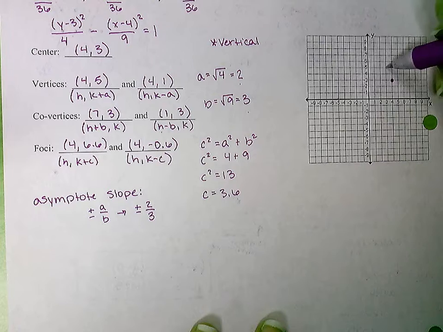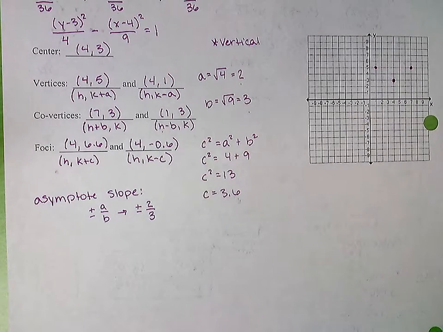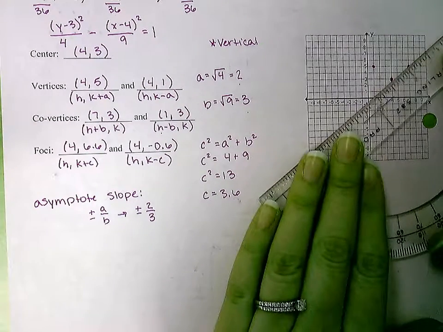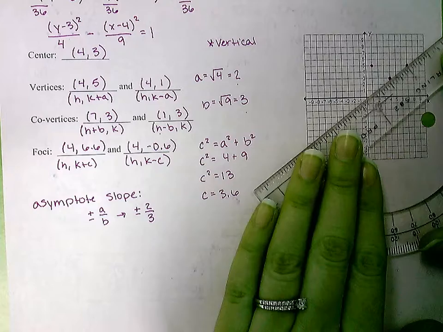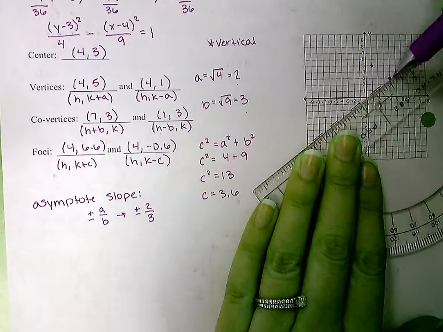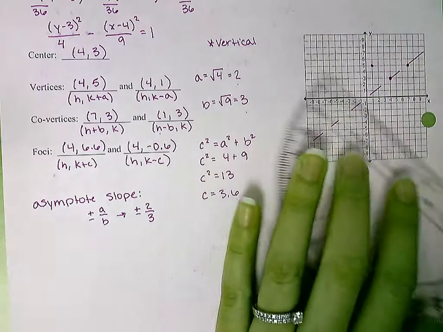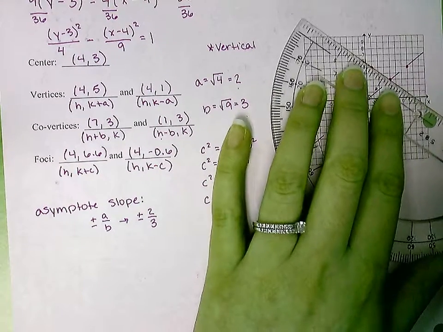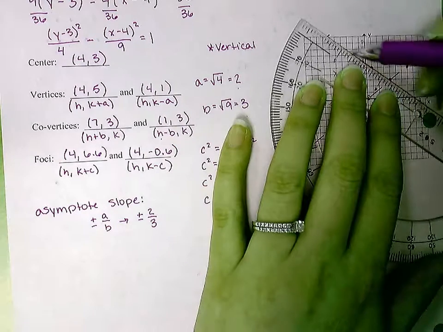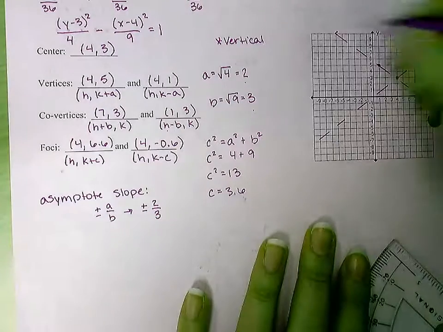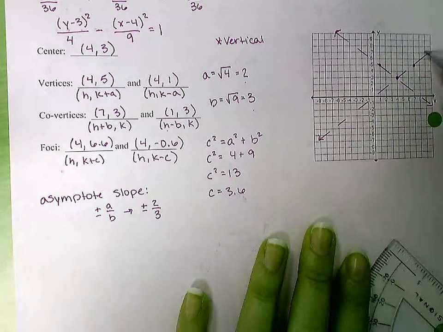Okay, same thing but negative this time, so up 2, left 3. Okay, and again, you can take your straight edge, connect your center to the point you just drew in for your positive slope. And with your negative slope. Okay, so these are your two asymptotes.